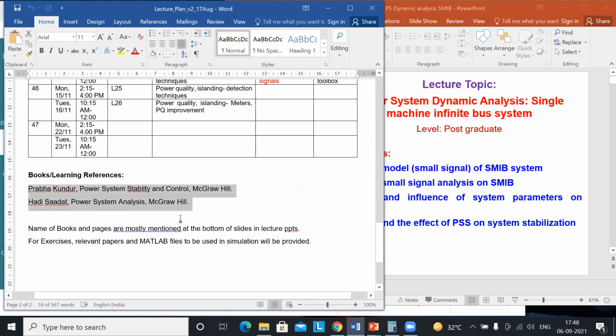The Kundur book, right? The Power System Stability book, part 1 and part 2. I got it in 2 parts. The hard copy is going to be one book, but here I'm talking about the soft copy.